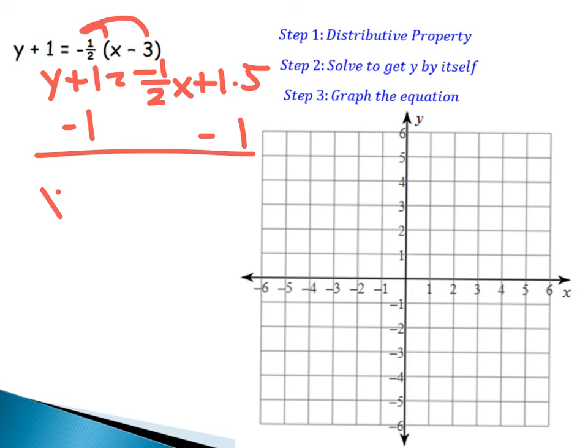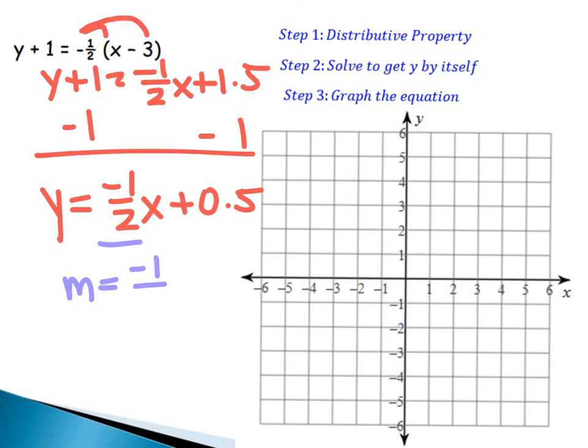So my equation will be y equals negative 1/2 x plus 0.5. So my slope is negative 1/2, and my y-intercept is 0.5. So I'm going to plot my y-intercept and use the slope to move along the graph. And finally, draw in the line.